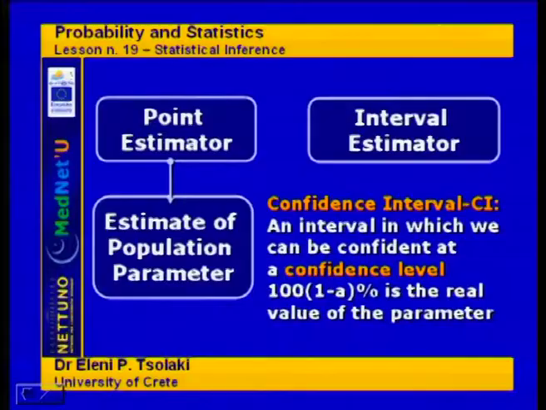And the point estimator actually is the estimate of the population parameter. Now, the interval estimator is an interval, as its name says, in which we can be confident at a confidence level 100 times (1 - α)% that it contains the real value of the parameter.